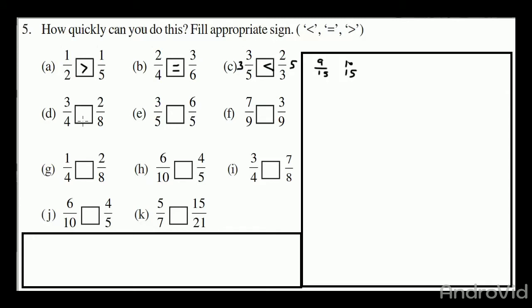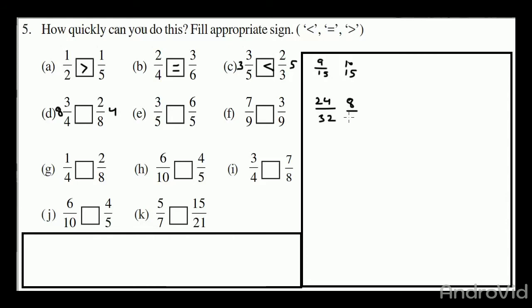Now D part, it's simple. 4 2s are 8, multiply with 2, the first part. Or you can make it like fractions again, multiplying with other denominators.